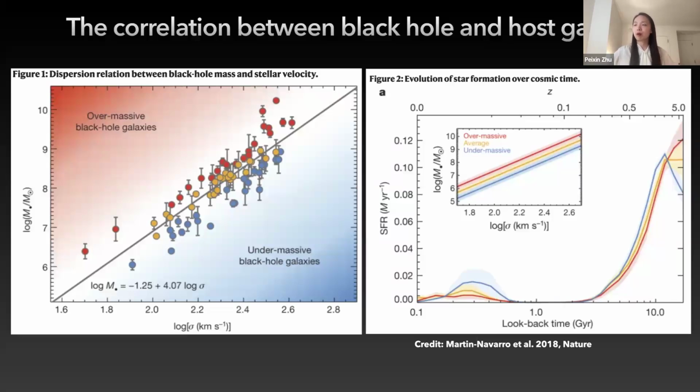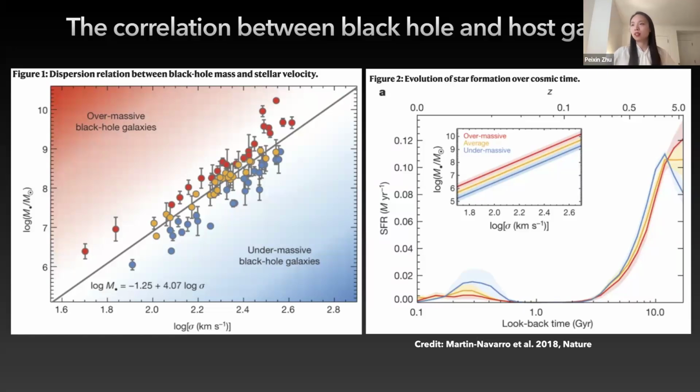There is a population marked in red that sits a bit above the fit of these relations, the gray line. They call this population overmassive black hole galaxies. It means that at the same stellar mass, they have heavier black holes than the other populations.